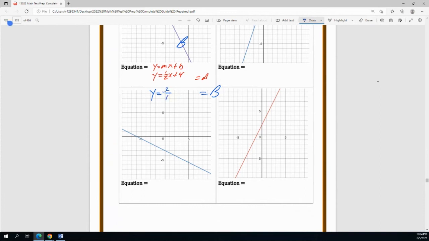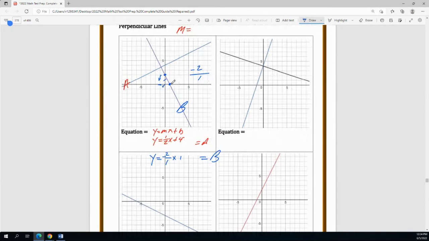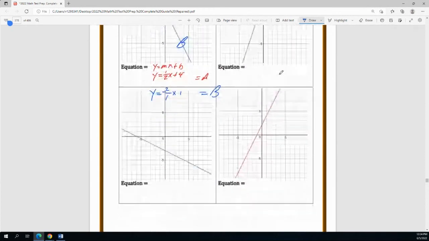See what I said? Flip the slope and the sign, times x, and then what was it? It was plus 2, the y-intercept. Plus 2.